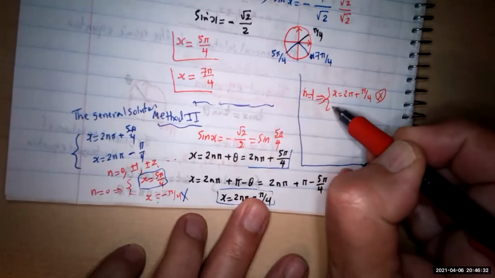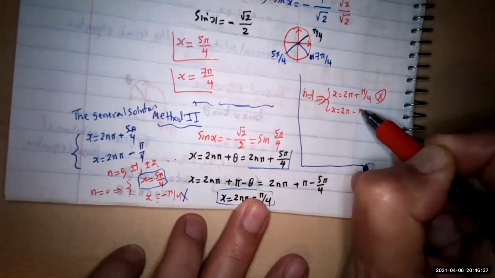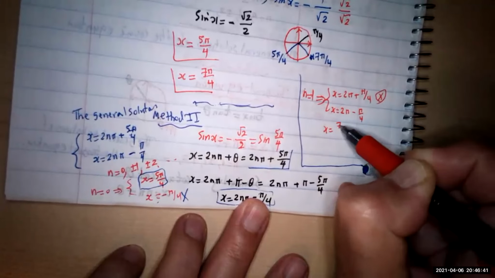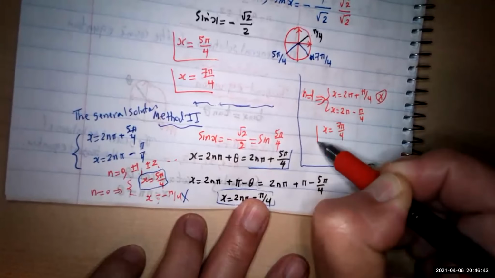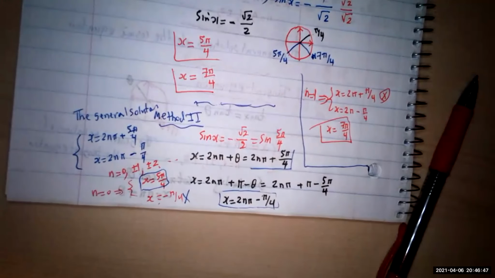But if you substitute in the second one, that gives you 2 pi minus pi over 4, and that gives you the second solution, 7 pi over 4. So you need to continue the n to get the proper solutions that you need, because you know that you have to find two solutions.